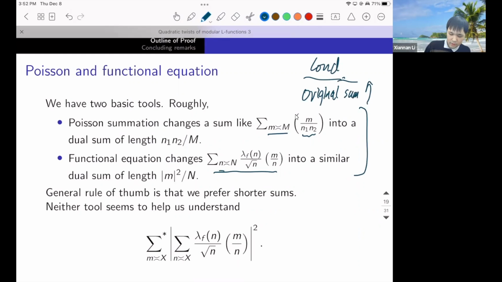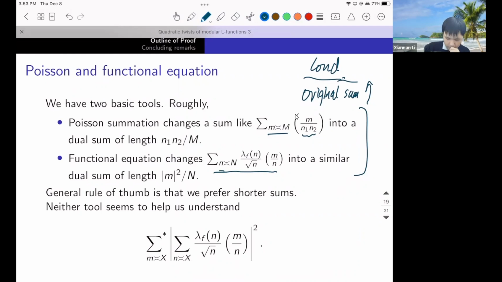And the general rule of thumb is that we will prefer shorter sums. This is not always true. There are some rare cases where you would actually apply this type of tool to get a longer sum. That is, if the structure changes and you can understand the structure on the other side well. But generally, the way that this is used is that we want shorter sums. Those are easier to understand at the end of the argument.